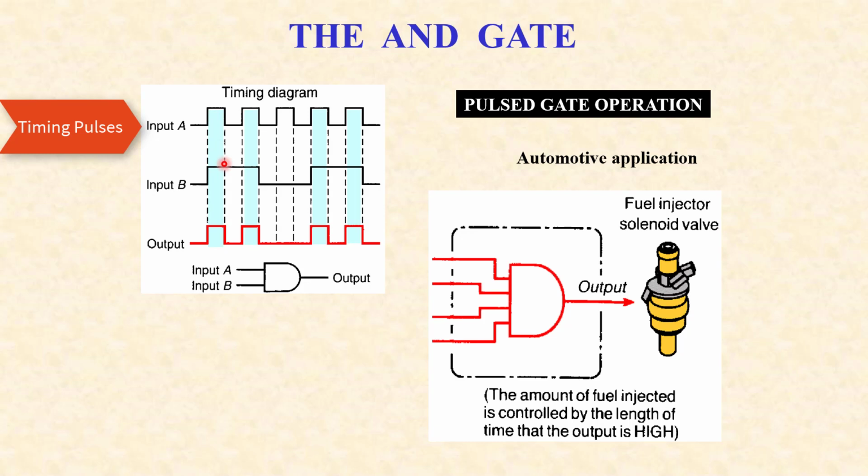Because I have A and B high, the output's going to be high. Second pulse shows it again, so I get another high. But on the third pulse, even though I have a 1 for my timing, my input B is 0, which takes the output to 0. And then I have a high and a high that gives me a high, high and a high that gives me a high.